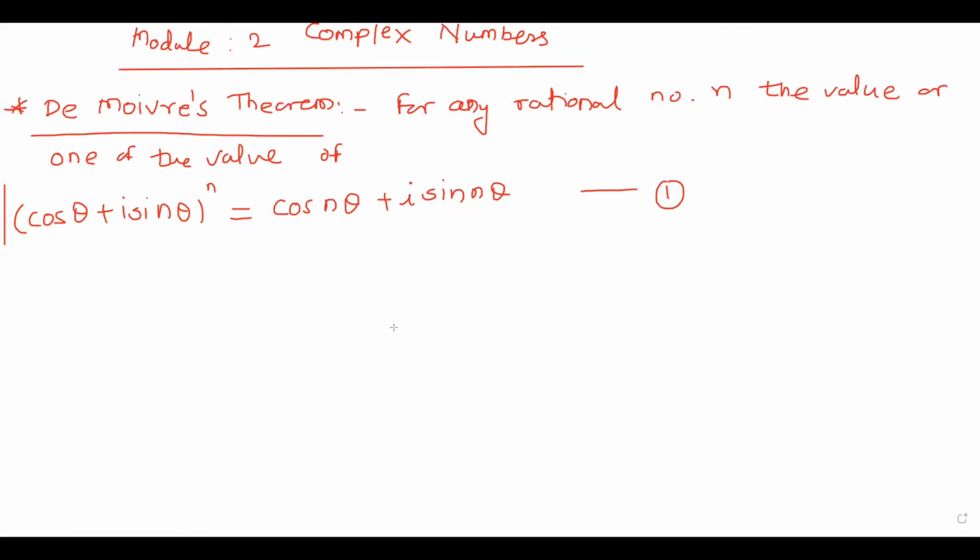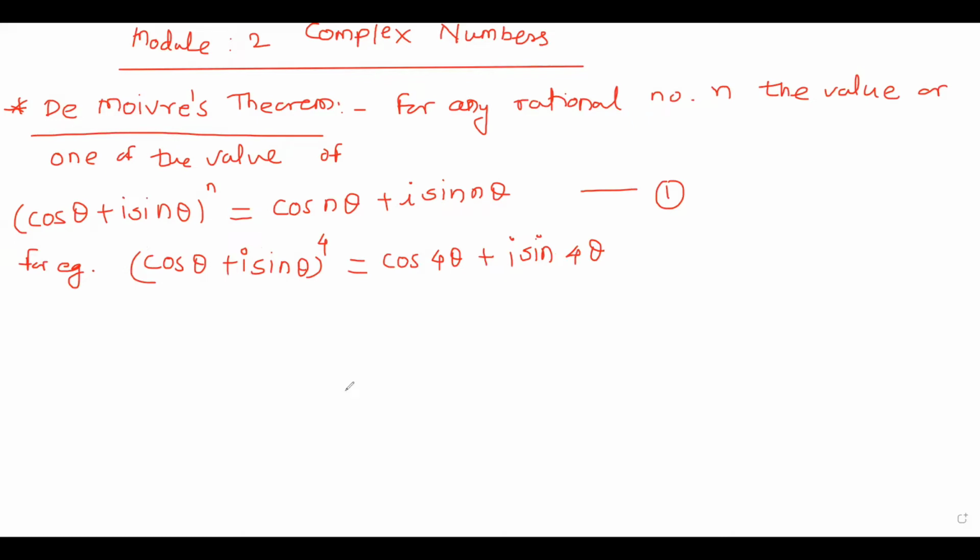For example, using this theorem we can write cos of theta plus i into sine of theta raised to 4, according to this theorem, is nothing but cos of 4 theta plus i into sine of 4 theta.